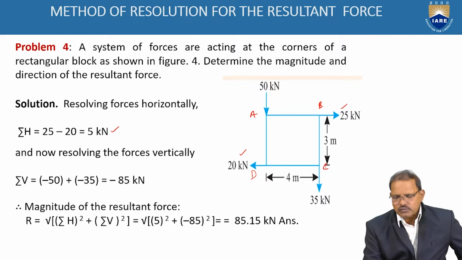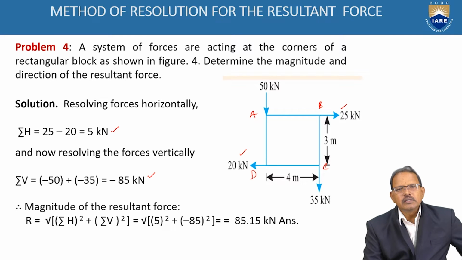Similarly, after resolving the forces in the vertical direction, at A, 50 kilonewton is acting in the downward direction. At C also, a 35 kilonewton force is acting downward. The sum of the vertical components is minus 50 and minus 35, which is equal to minus 85 kilonewtons.